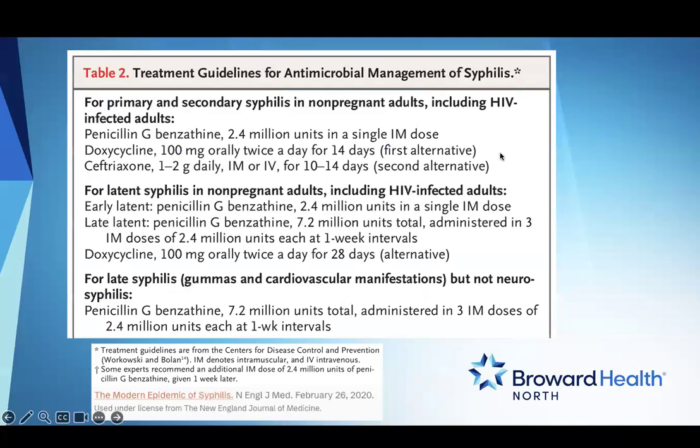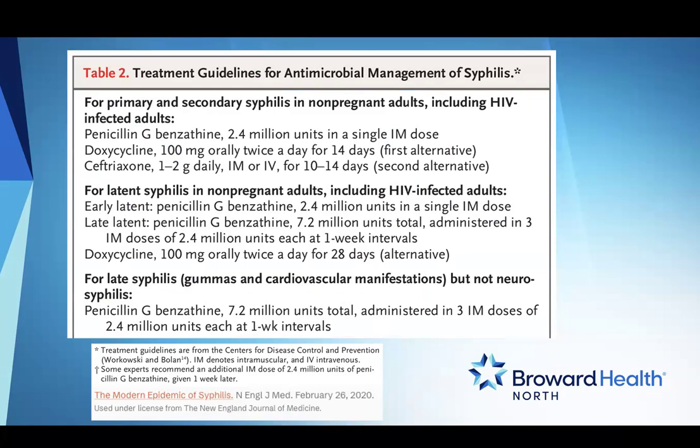Okay, so here are the three. I really like this reference that I have at the end of my references. I like this table because it condenses pretty well each stage. So the treatment guidelines mostly for primary and secondary in non-pregnant adults, including adults with HIV, is penicillin G, a single IM dose.